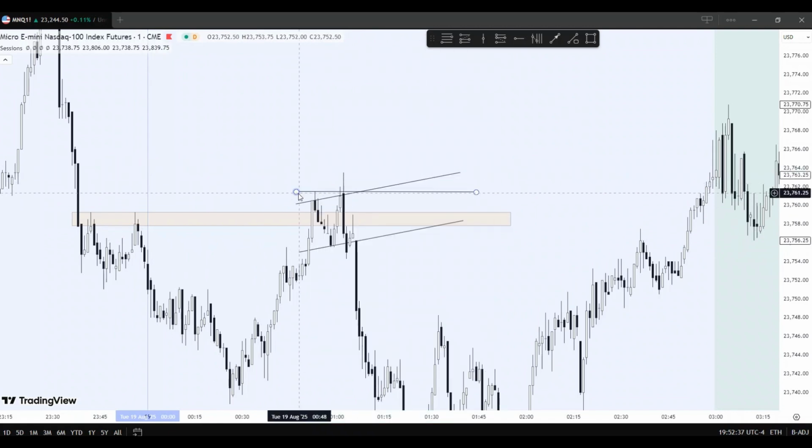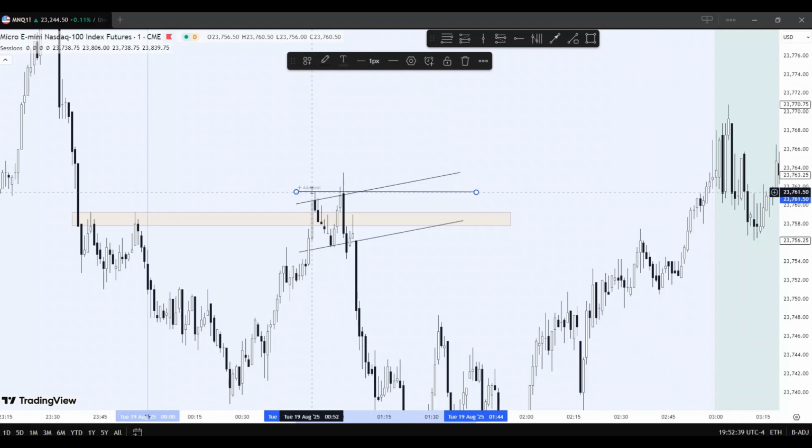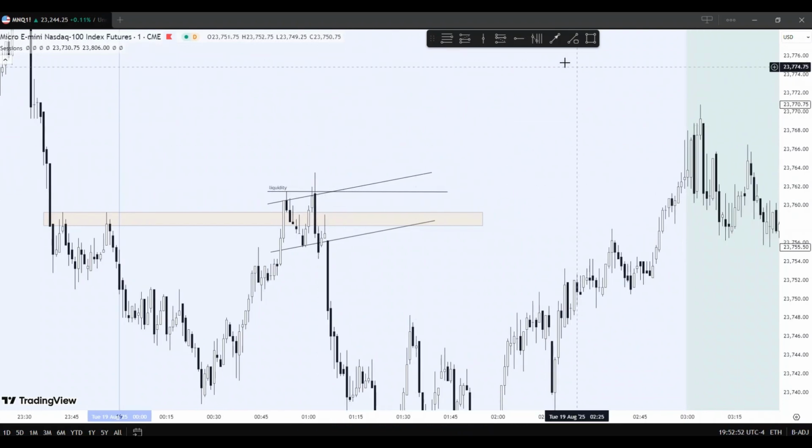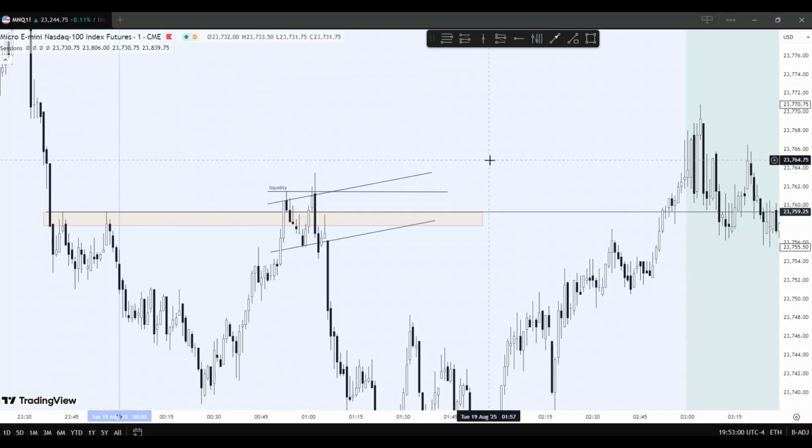But at this point we're not yet decided on whether we are taking the trade or just waiting, right? But we understand that there's liquidity right here, which is what was taken, and we had liquidity also being taken right here, at these highs right there.